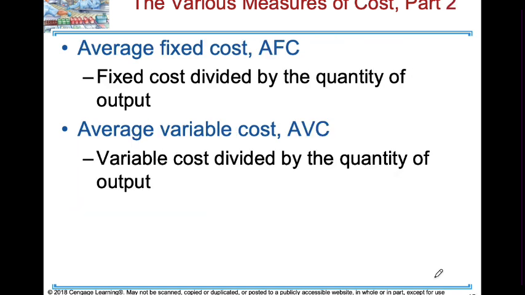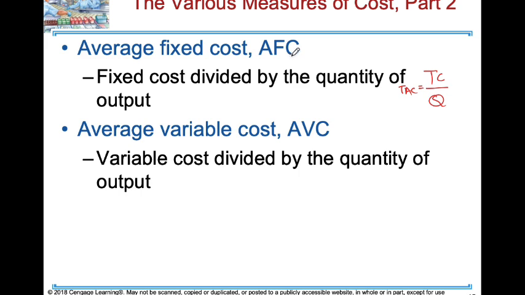Average costs are probably the things that are a little more important for us in this course compared to the fixed costs. And average is basically the total cost divided by how much is being produced. So that's your total average cost.